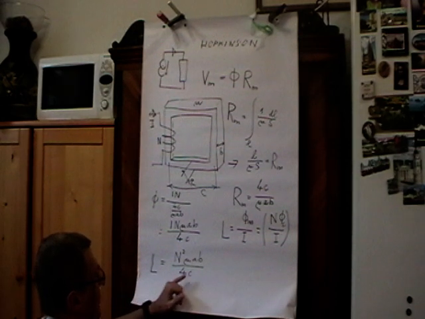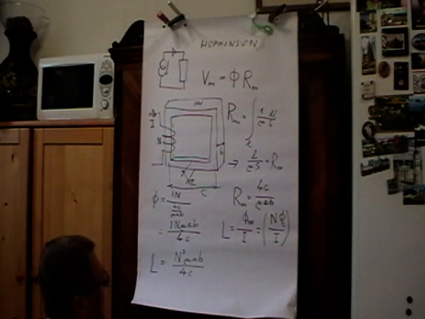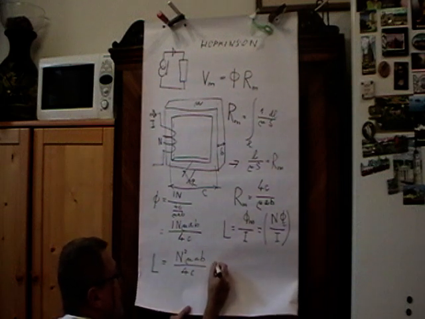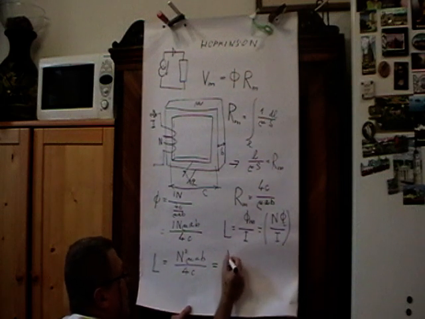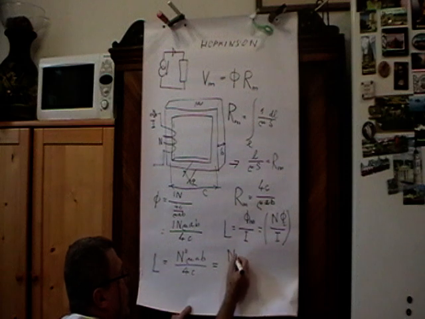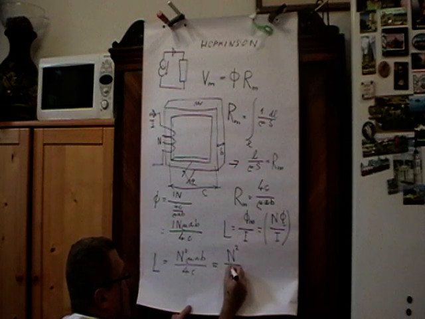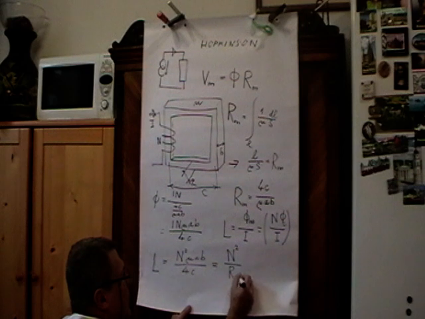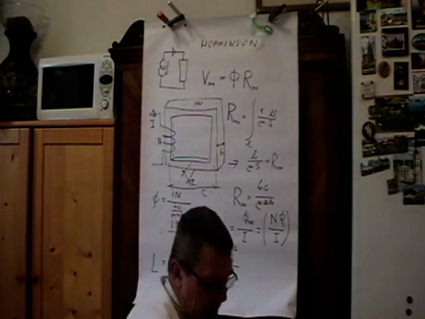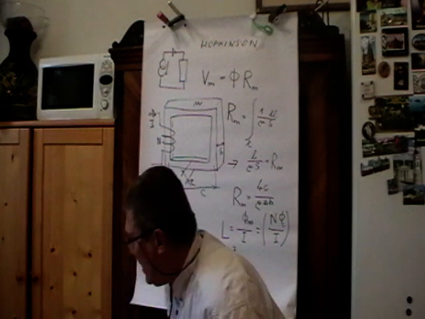And by the way, if you just compare the equation, it also holds that this is the square of the number of turns divided by the magnetic reluctance. Now this is an important result.